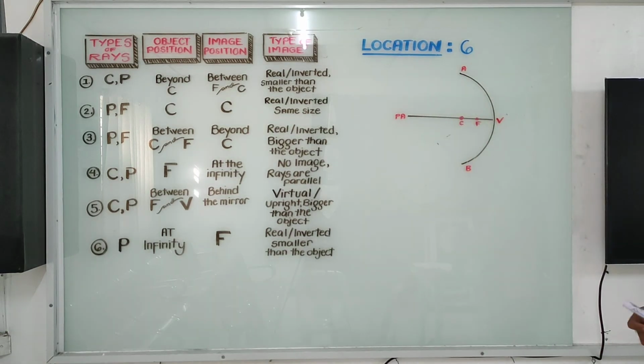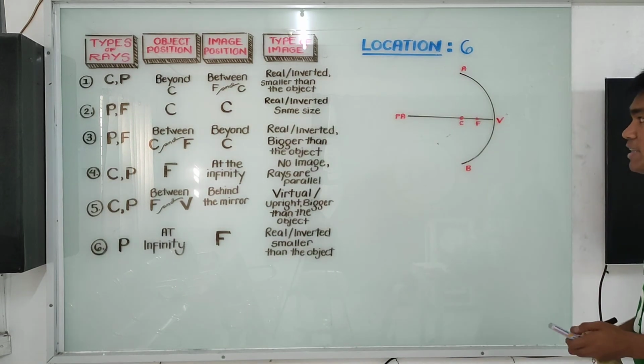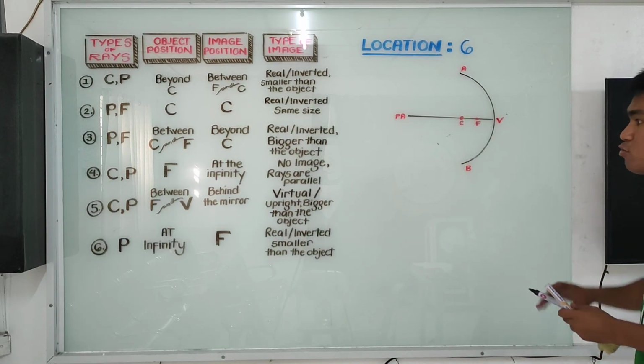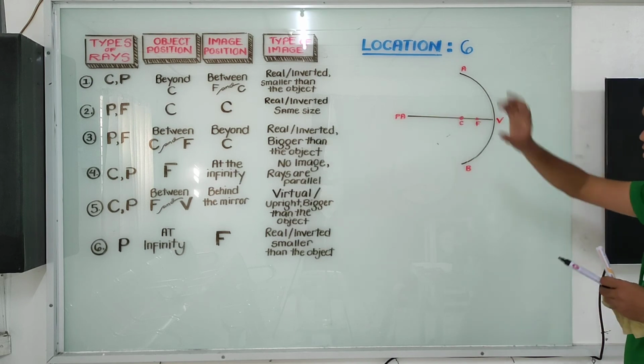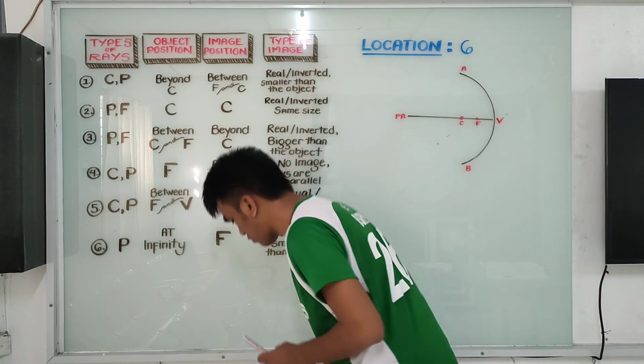Okay, the last position of the object is at infinity. So malayo-malayo daw. So parang nasa ano, so ito yung pinakamalayo. So we'll draw an arrow.